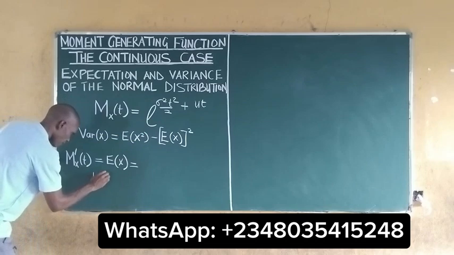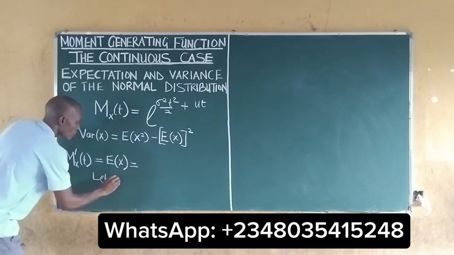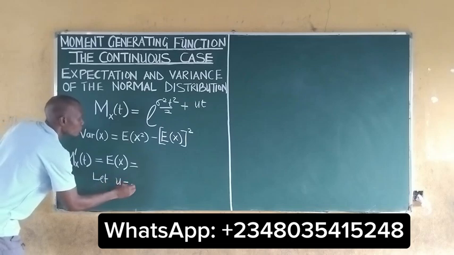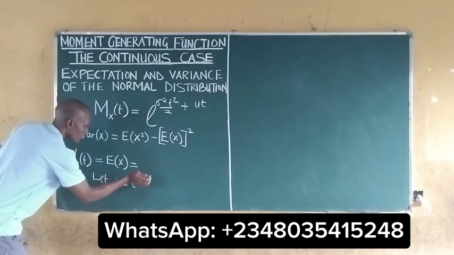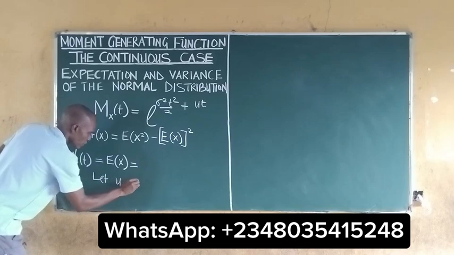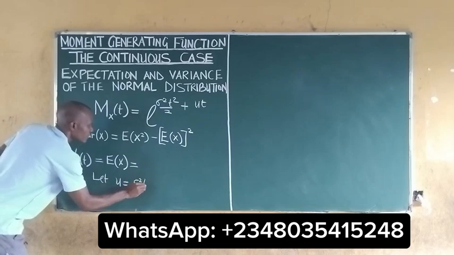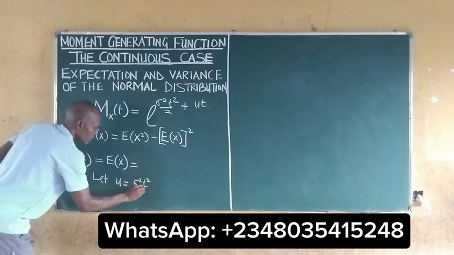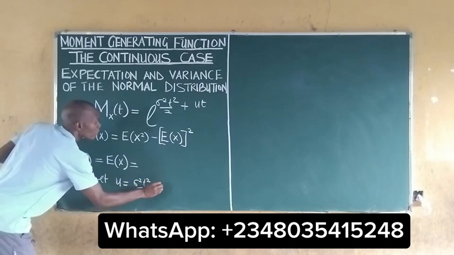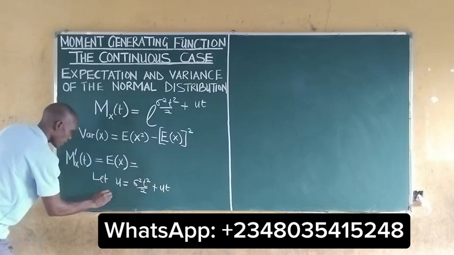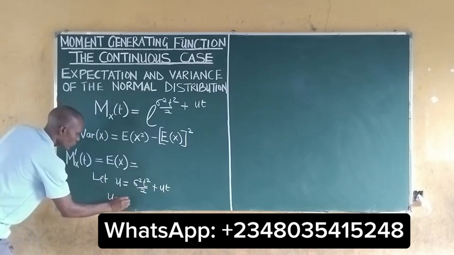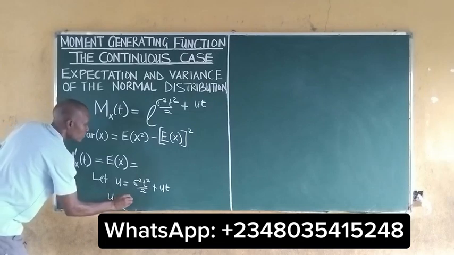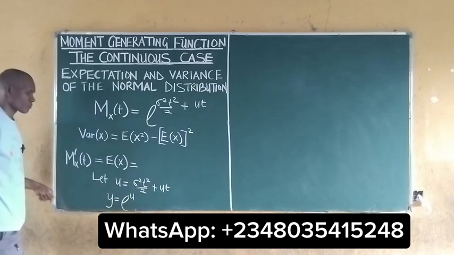Since this is our function, let u be equal to sigma squared t squared all over 2 plus mu t, and y is equal to exponential u.